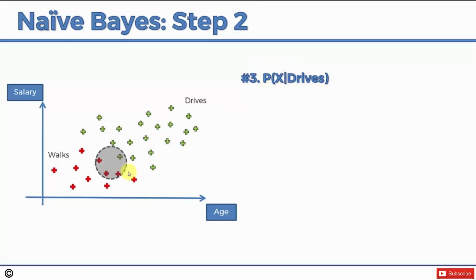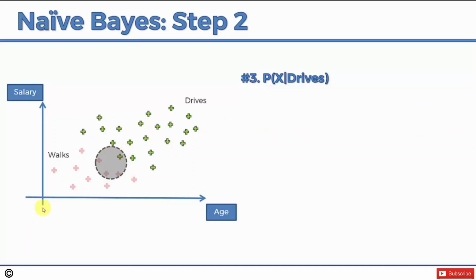Because we're only dealing with the people who drive to work, we can forget about the red dots. They're faded out, and now we're only dealing with the green dots. So the question is, given that we're selecting a random point out of all of the people that drive, so this vertical bar means given that a person drives to work, what is the likelihood that they will exhibit features similar to X, which we agreed is the same as falling inside this circle?